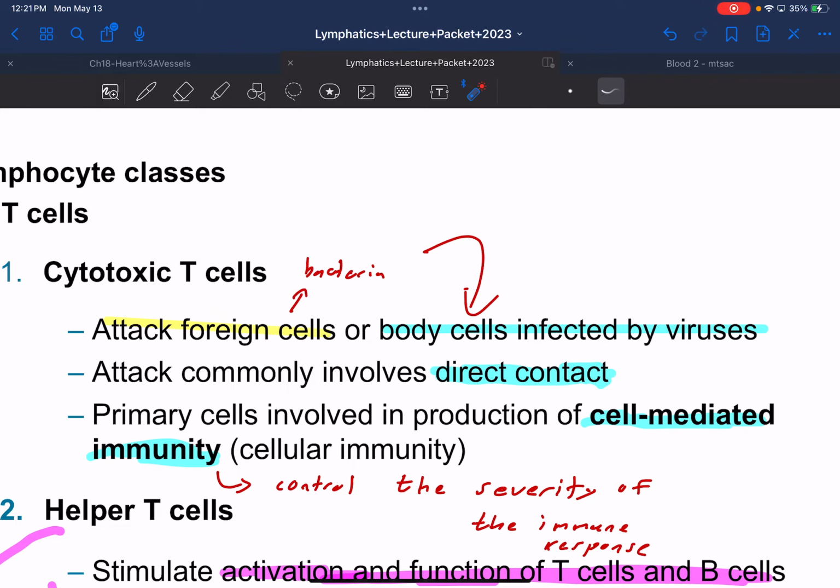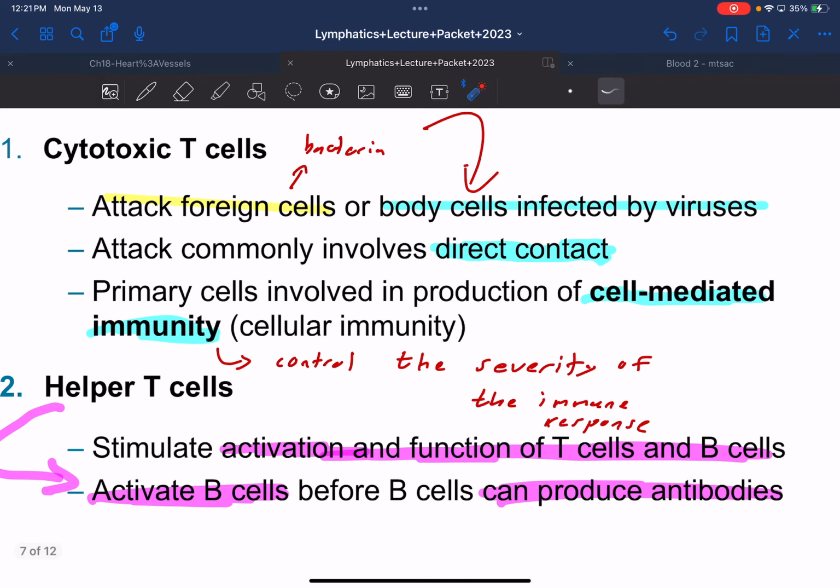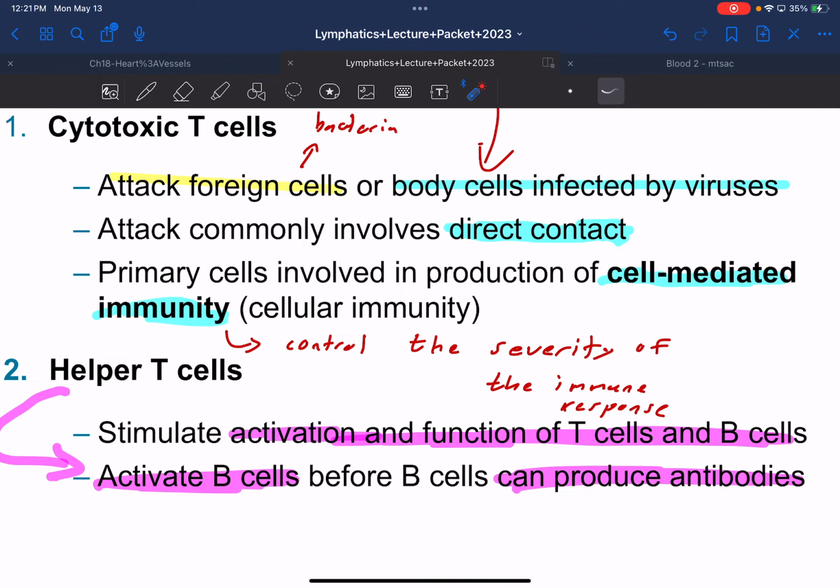And this type of immunity requires direct contact. And then there I have control the severity of the immune response, to simplify a lot of what we're going to say.